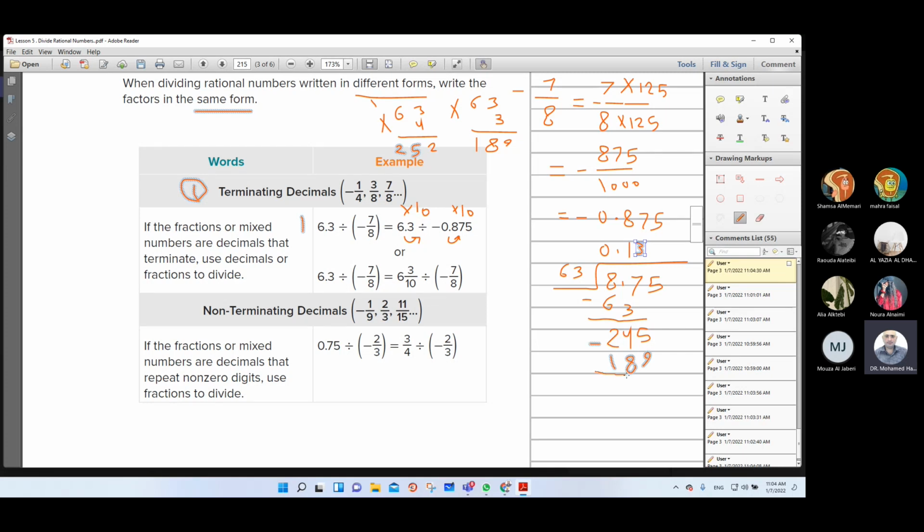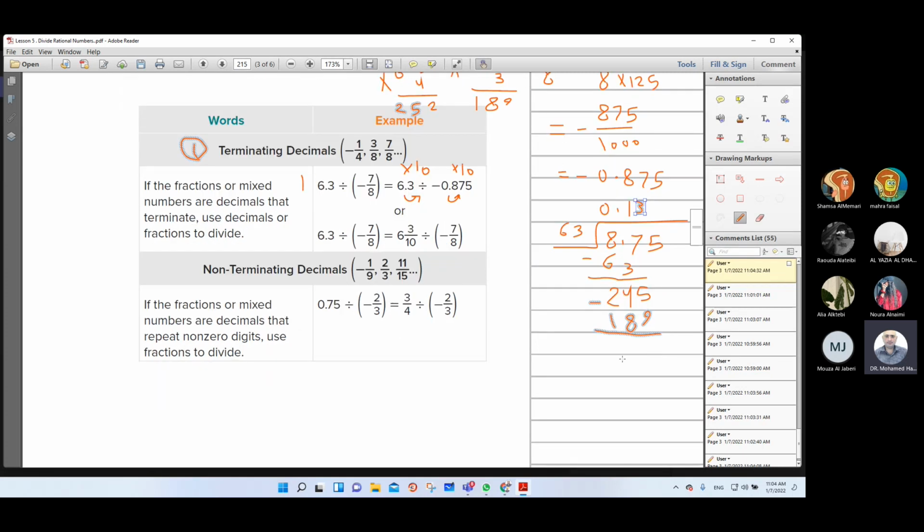then you can do minus. Here 5 minus 9, we cannot do this operation. Borrow 1 from 4. 4 will be 3. And 5 will be 15. 15 minus 9 will be 6. And 3 minus 8, we cannot do this operation. Borrow 1 from 2.